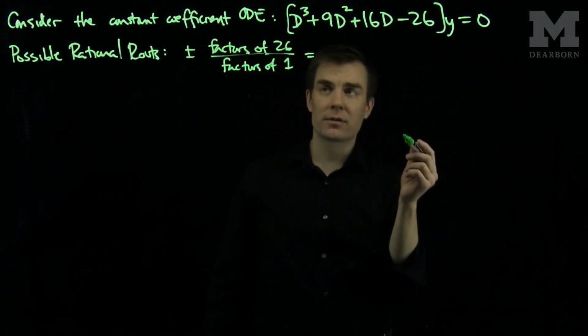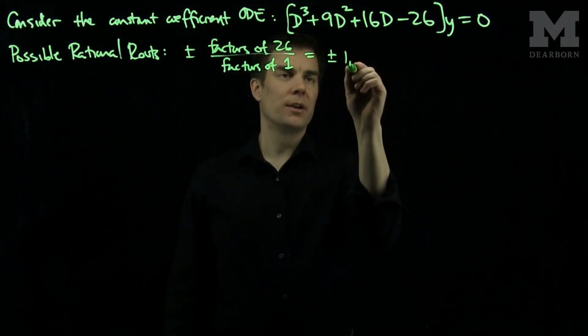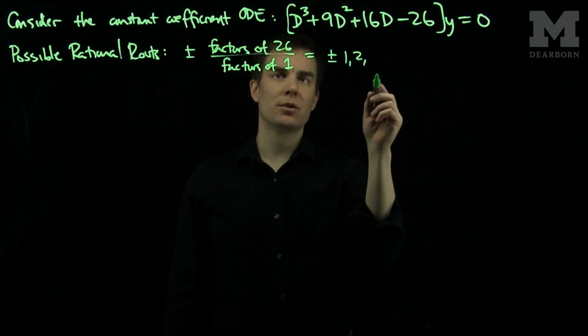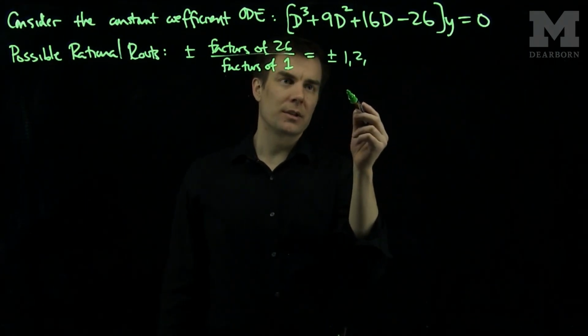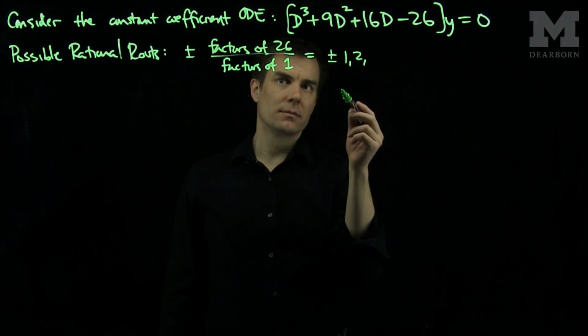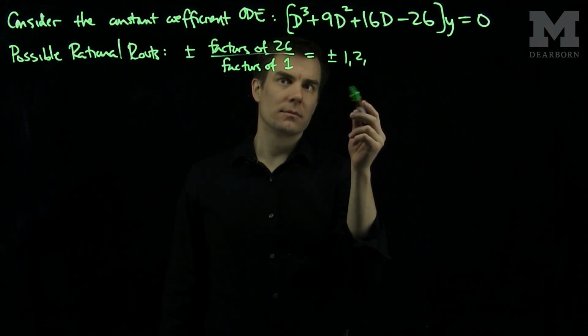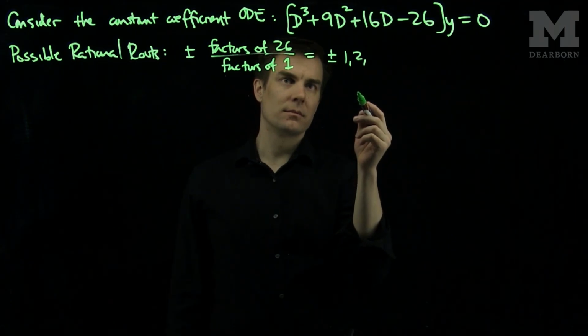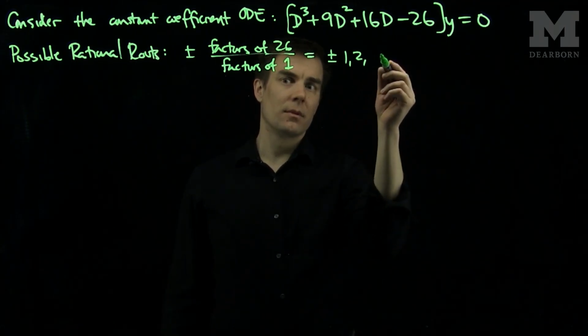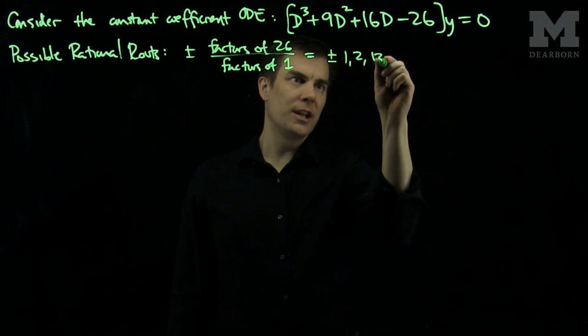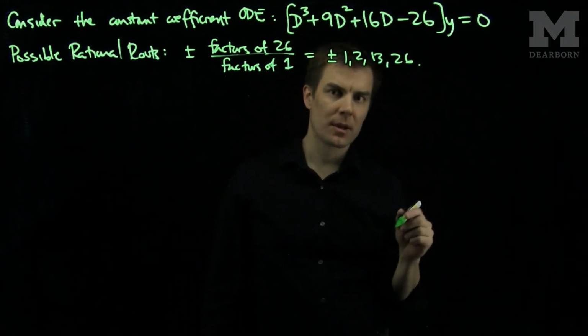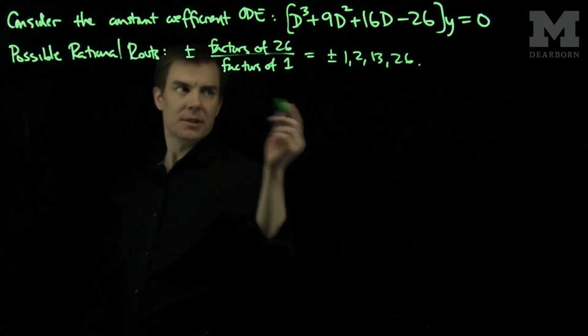So we just have to find the factors of 26. So we'll have plus minus 1, plus minus 2. Then what are the other factors of 26? And 26. So now let's test each of these numbers.